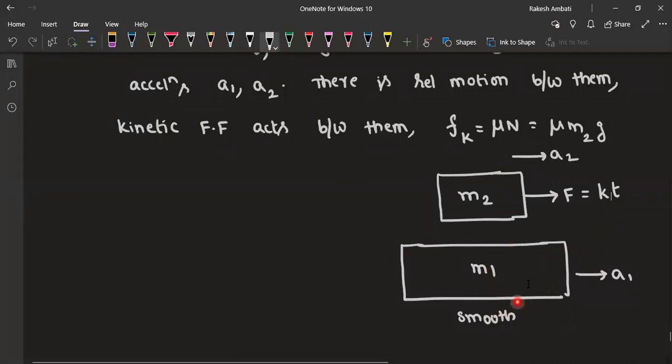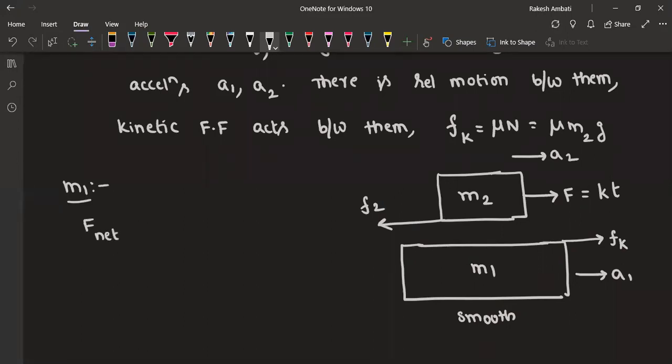In the case of the M1 block, what is the only driving force acting? Frictional force. And what is the direction of the frictional force? In the M1 block, frictional force is rightward, and in the case of the M2 block, frictional force is leftward. So here I'm taking the M1 block. Now in the case of the M1 block, what is the dynamic equation? Resultant force equal to what?